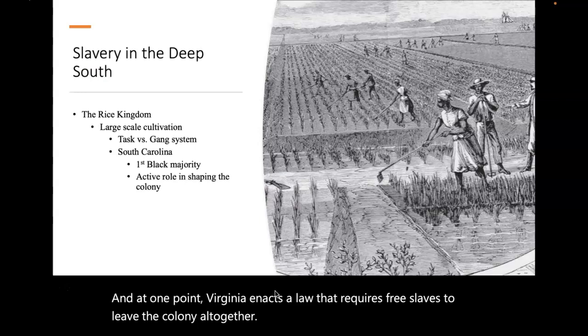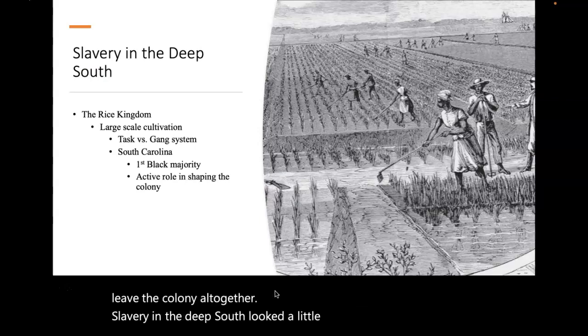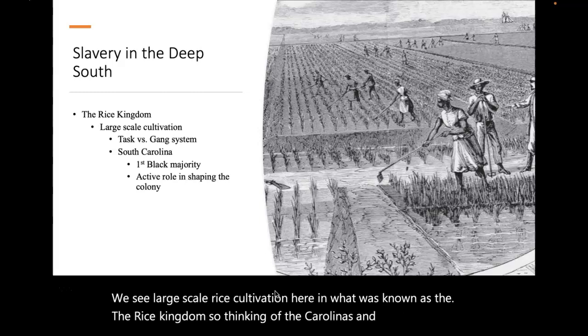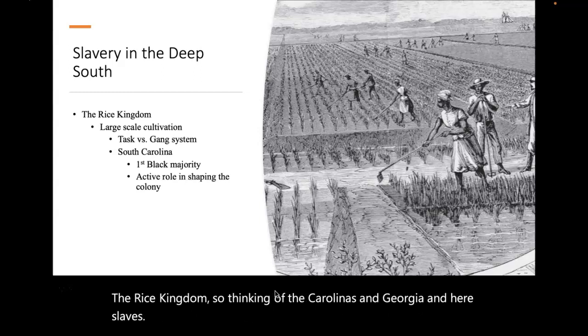Slavery in the Deep South looked a little bit different. We see large-scale rice cultivation here in what was known as the Rice Kingdom, so thinking of the Carolinas and Georgia. And here, slaves used a task system.